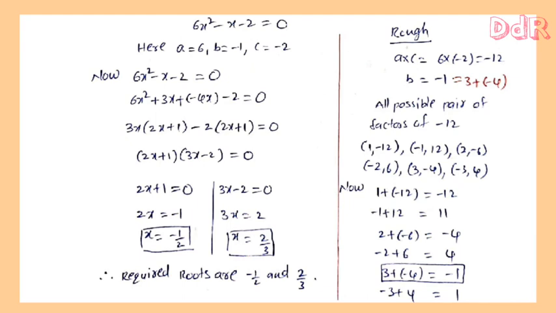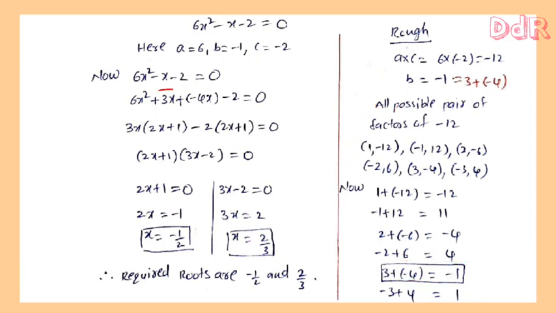Now let us add all these numbers. 1 plus minus 12 is minus 11, minus 1 plus 12 is 11, 2 plus minus 6 equals minus 4, minus 2 plus 6 equals 4, 3 plus minus 4 equals minus 1. Minus 3 plus 4 equals 1. But 3 plus minus 4 equals minus 1 is suitable for B.